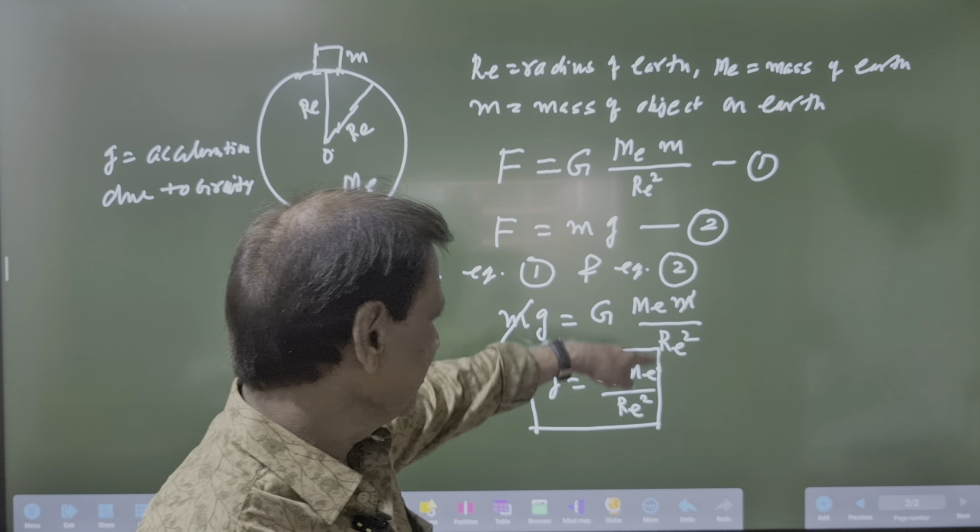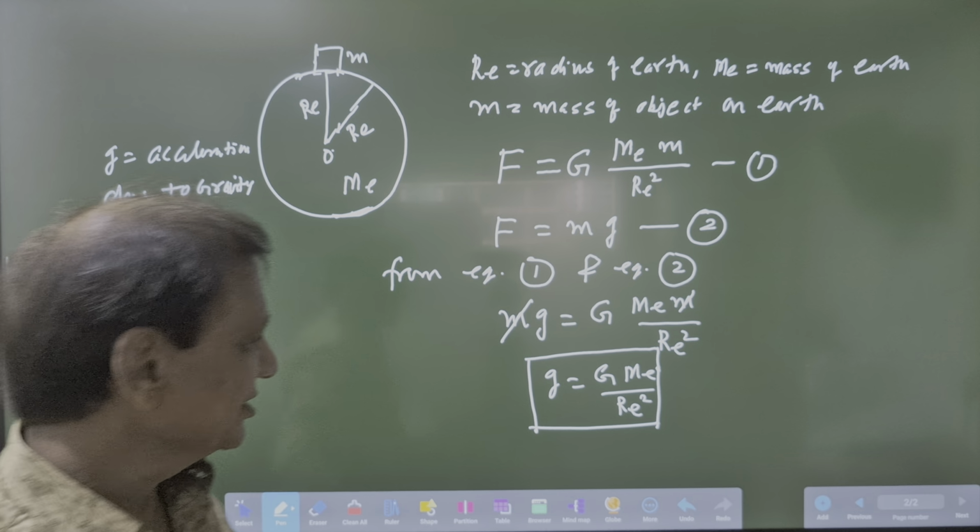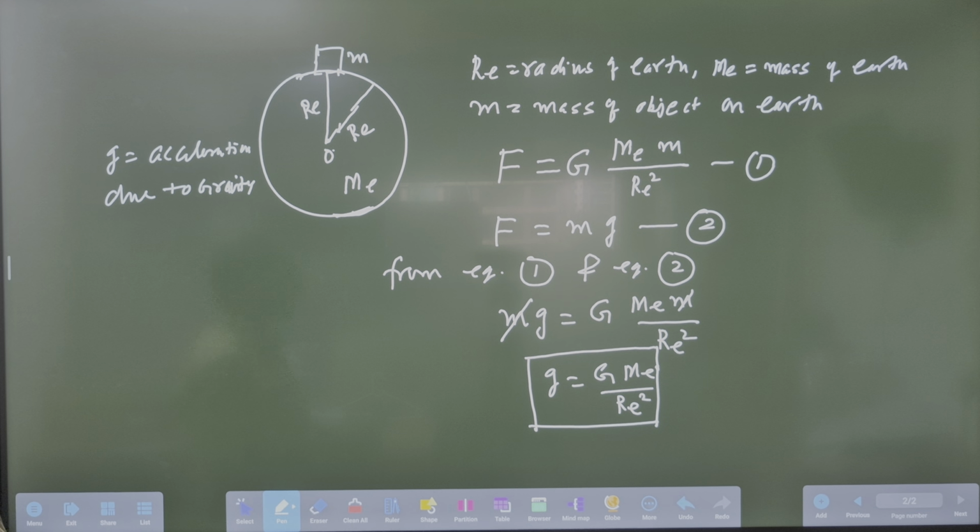So g equals G ME upon r square. By this formula we can find out the value of g.